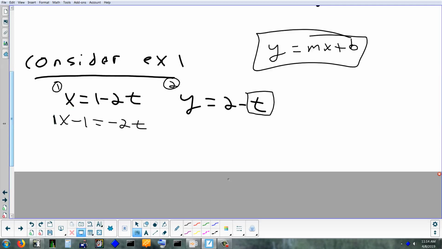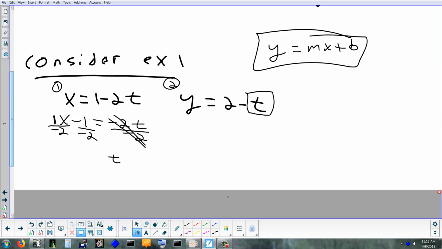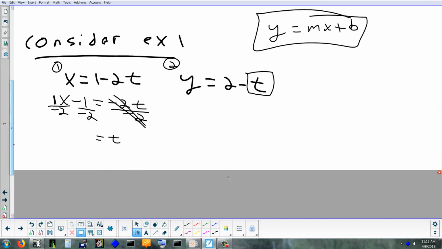My question is, where do I do it, very specifically? More specific than just saying on the left, because if I just say divide by negative 2 on the left, that's right, but some people might not know exactly what I mean. Divide negative 2 by 1x minus 1. So you have to do it here and here. So divide by negative 2 everywhere. That's gone. So now you get t equals, you can think of that as negative 1/2 x.